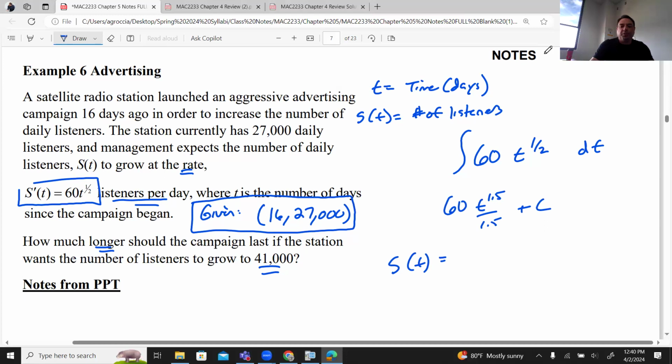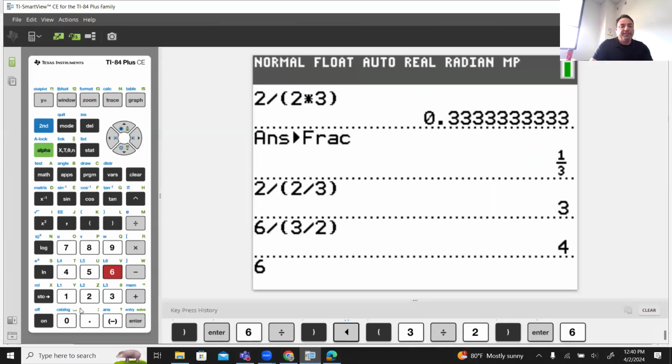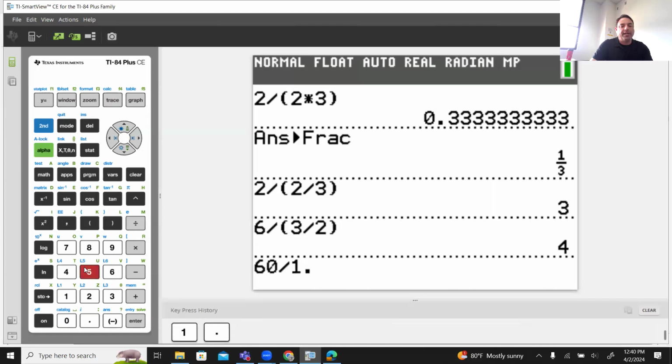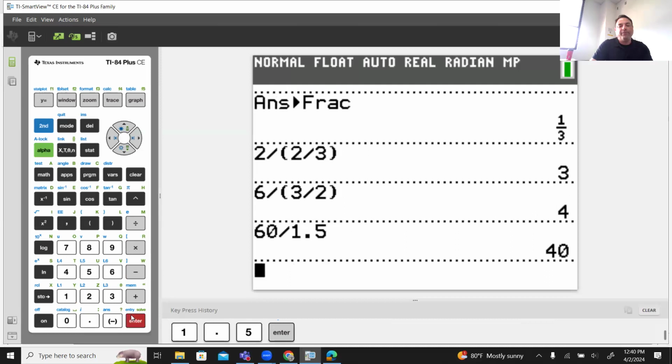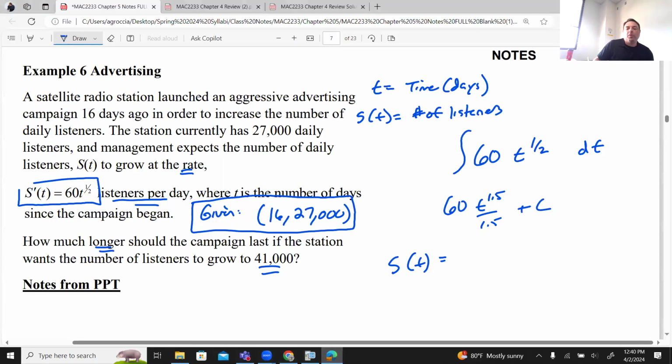And then if you do 60 divided by 1.5, or 3 over 2, just be careful how you type it in, you will get 40. So our answer is 40T to the 1.5 plus C. Unfortunately, we don't know what the C is, so we don't have a complete function.